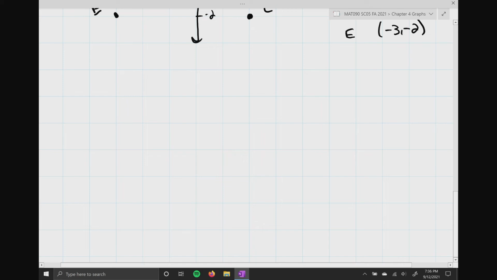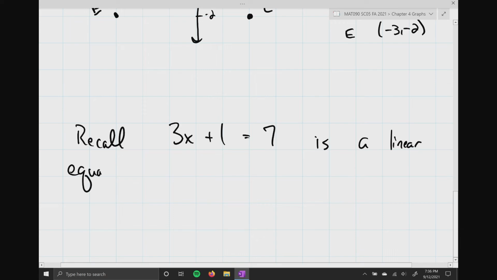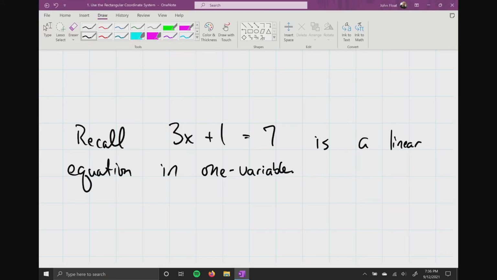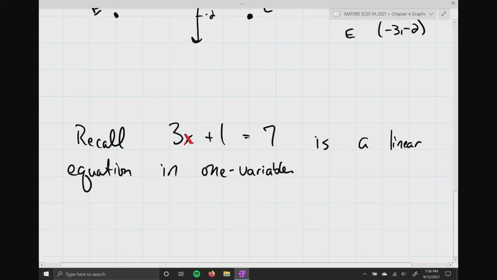So recall 3x + 1 = 7 is a linear equation in one variable. All right, now you need to ask yourself, why is it linear? And it's linear because the variable x is raised to the first power. That's what makes it linear.